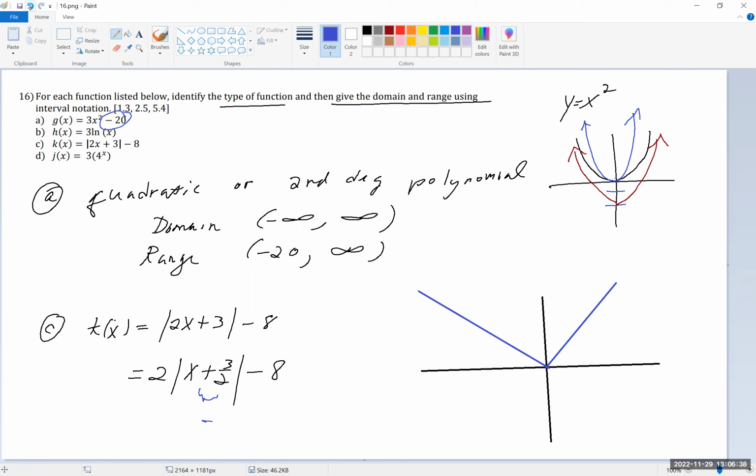Oops, that's not the left. It's going to move it to the left 3 halves of a unit. So it just moves it over this way a little bit.